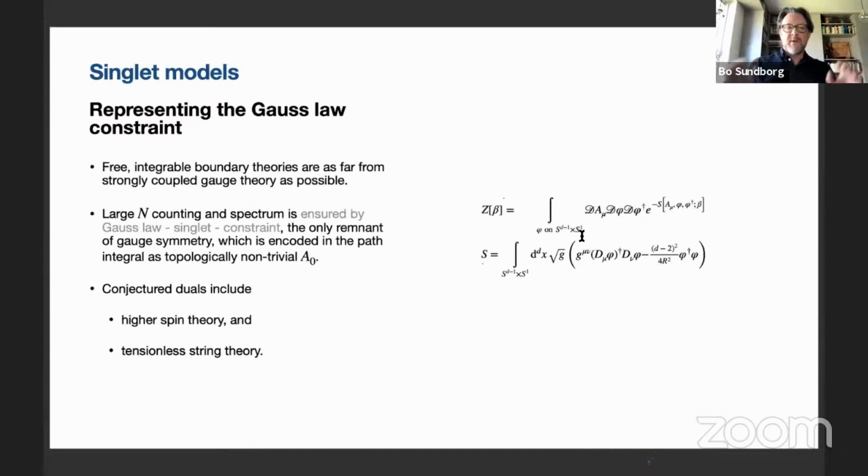So they will remain and they will produce the Gauss law singlet constraint, which is the only remnant of gauge symmetry. But it is important. So we replace derivatives with gauge covariant derivatives, and then you have to include this integral.